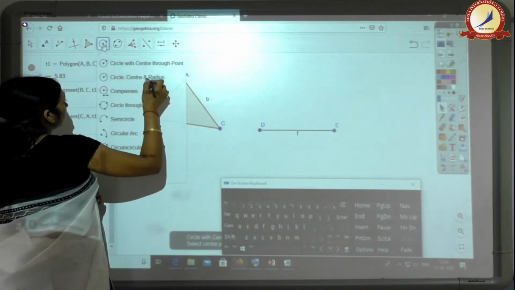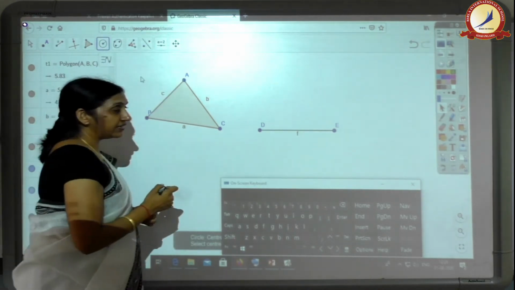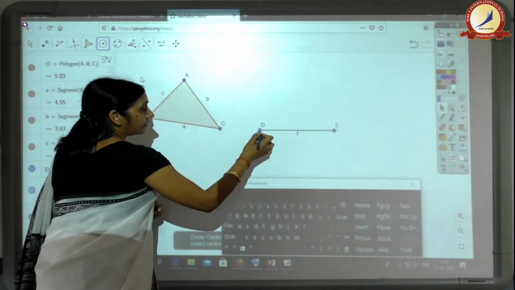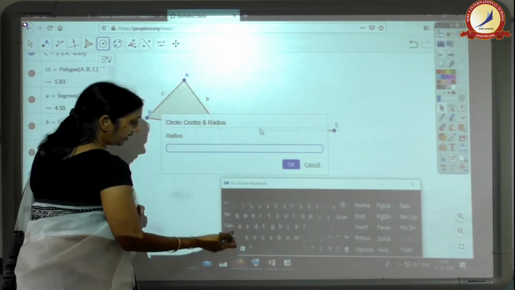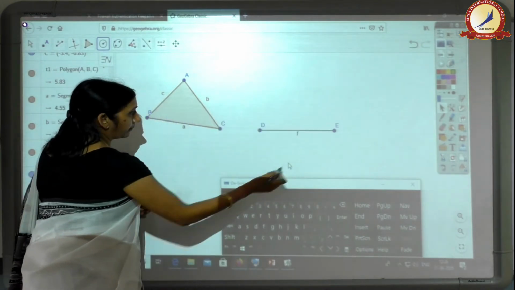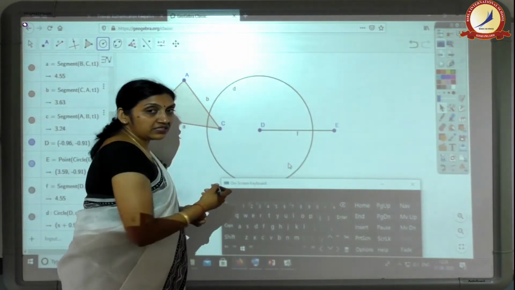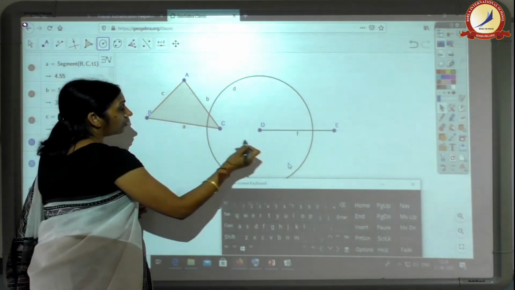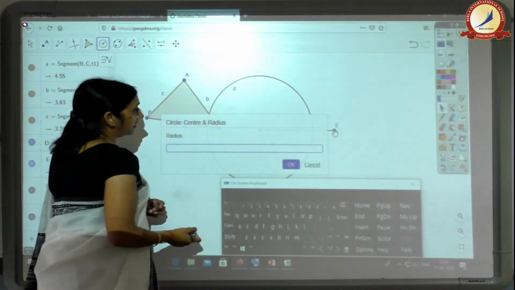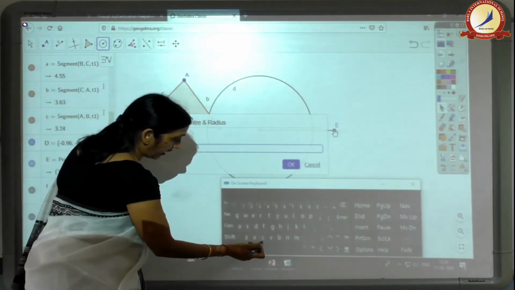Now select the circle with center and radius tool. Taking D as a center, draw a circle with radius c. You will find a circle drawn by taking D as a center. Now, taking E as a center, draw a circle of radius b.